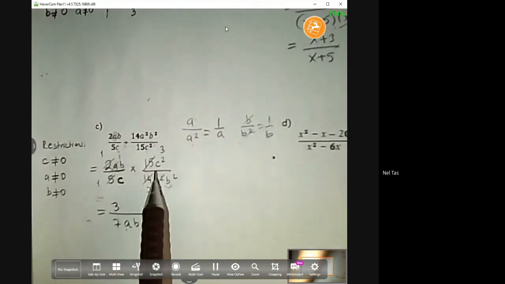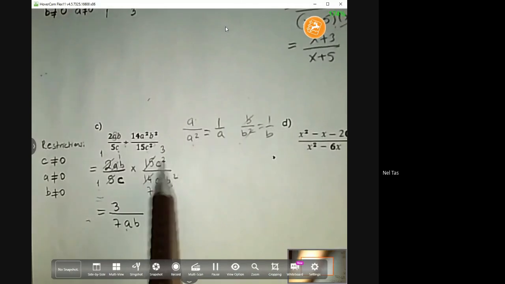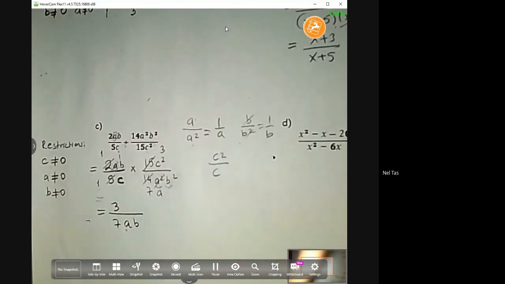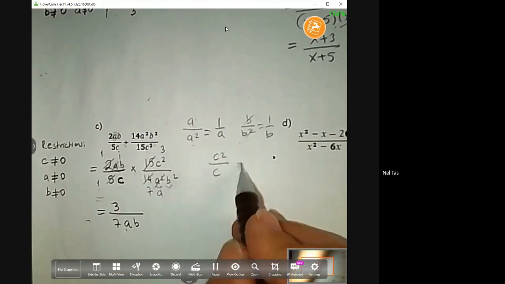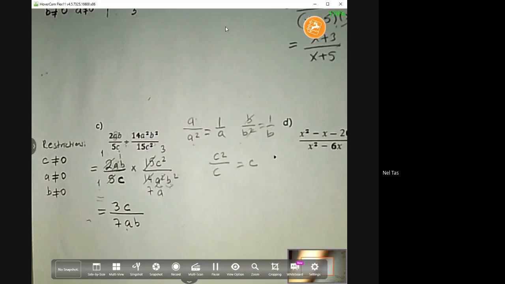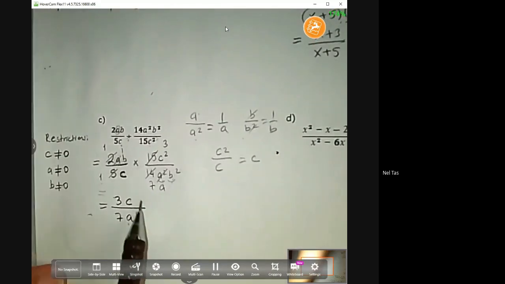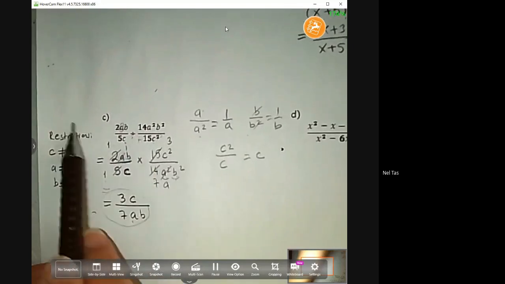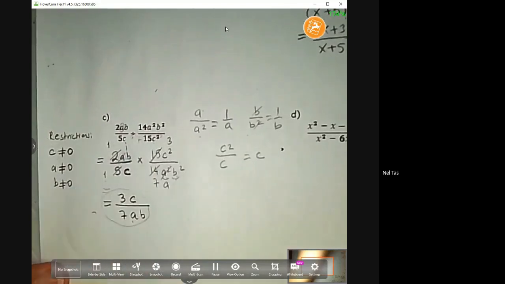Now the c's. You have c squared in the numerator and c in the denominator. Divide both by c, you get c over 1, or c. So c in the numerator. So this is a simplified version of this operation with these restrictions here.